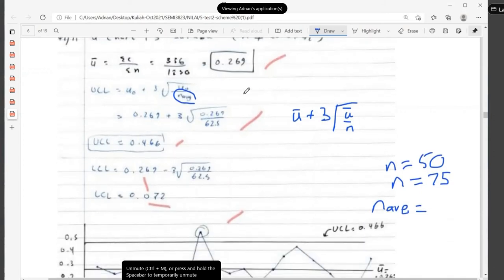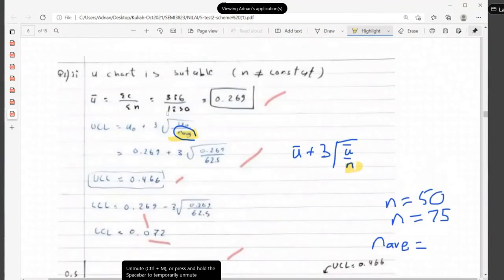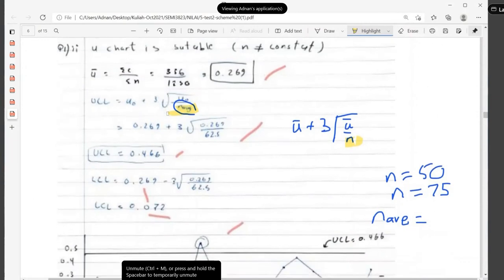If you are using this n average here, you need to find what the n average is. The summation of n divided by 20. It turned out to be 62.5.